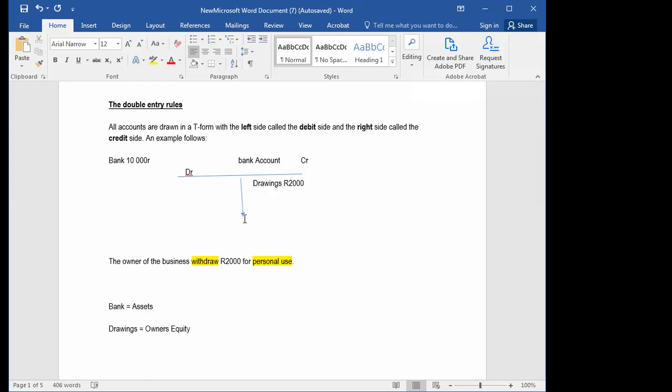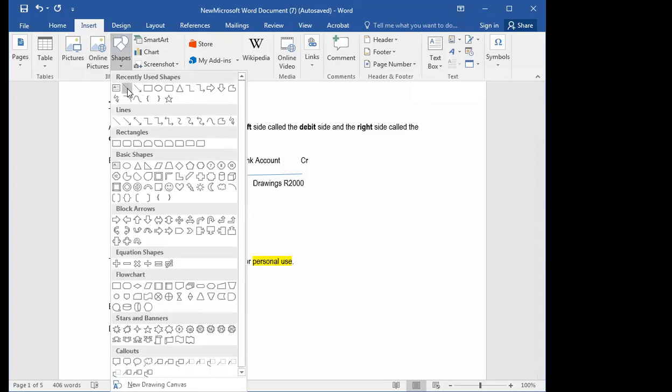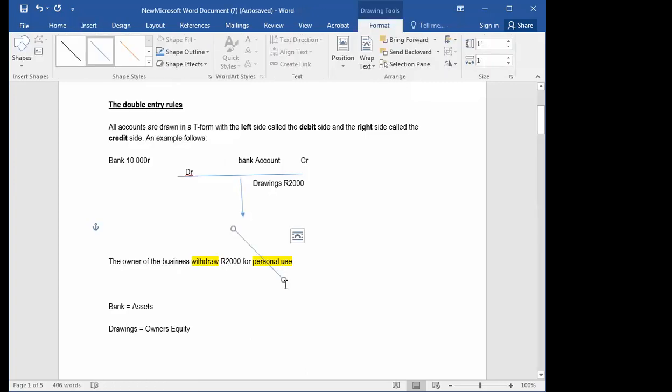Maybe he or she wanted to buy groceries for his home. So that's why we conclude by saying this money is regarded as drawings. Right. We also draw the account of what? Of drawings. Here is an account of drawings.